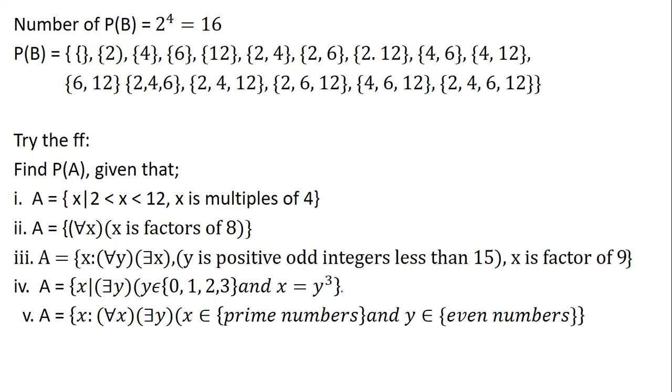So we are now going to find the set of x, the bigger set. Let's find the set of x first, and we are saying x is equal to y cubed. I know the set of y. So when y is 0, we have x equal to 0, because 0 cubed is the same as 0.